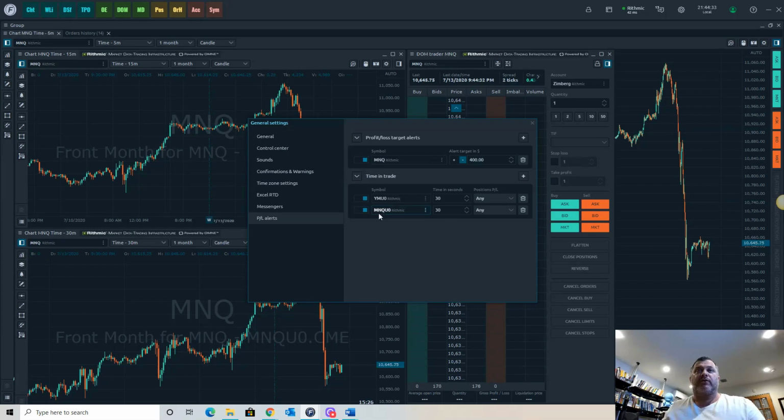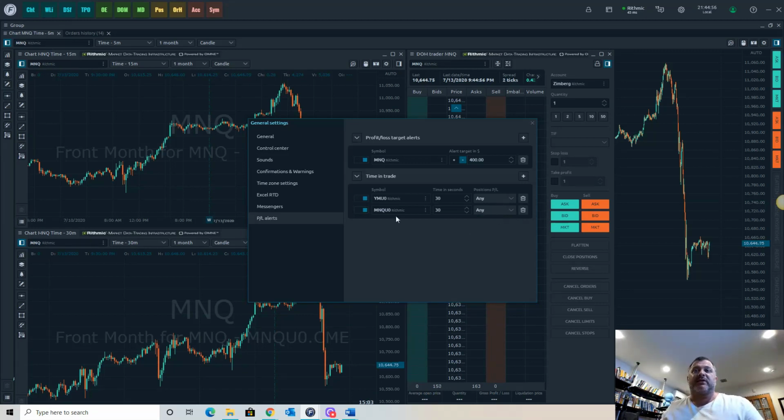So here is one for the micro NASDAQ, and you can set it up here in terms of seconds, and then you can set it up if your P&L is positive or negative. You can have 2 alerts if you wish, or 3 alerts. One you can set up for positive, for negative, or for any, but I'm just going to go for the sake of simplicity just with any, right?